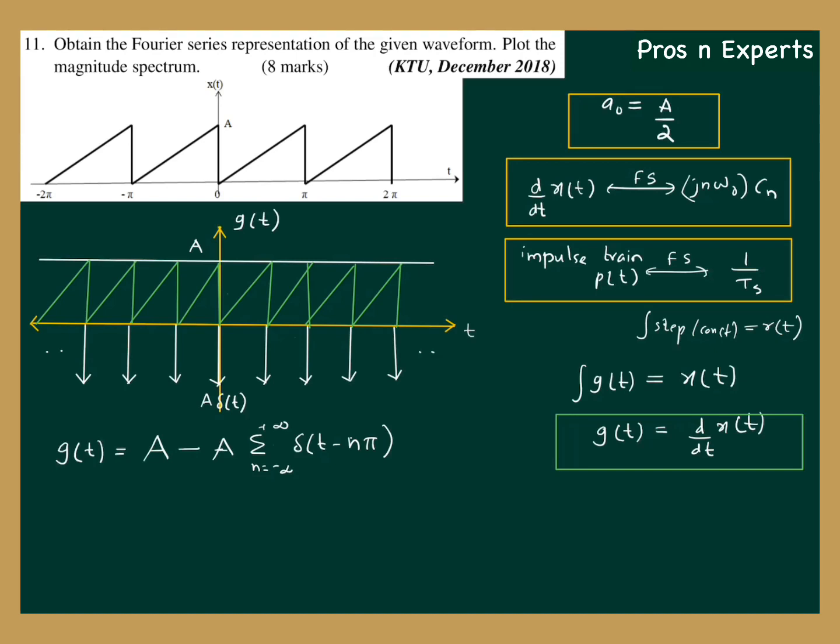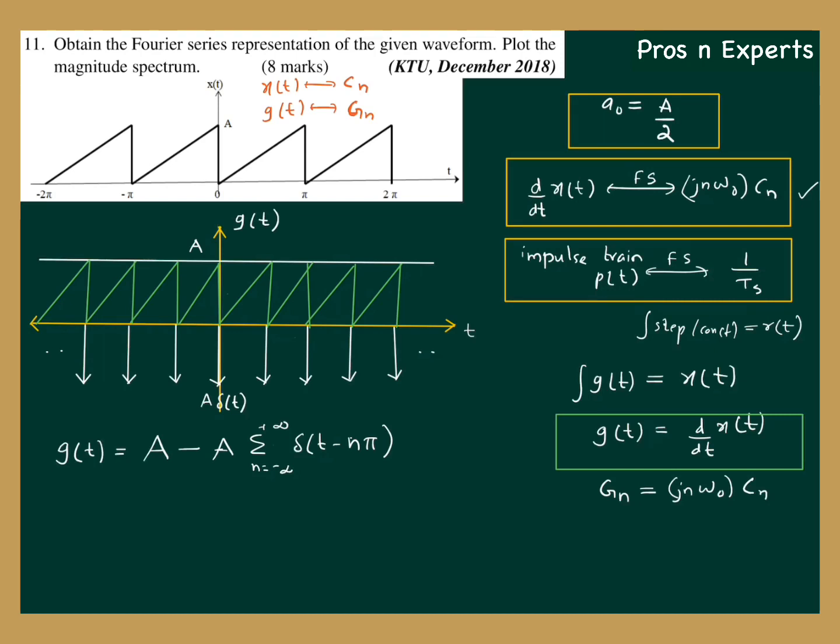Now the answer is almost over. We assign x of t the Fourier series coefficient Cn, and g of t the Fourier series coefficient Gn. Now from this expression, using the differentiation property, Gn will be equal to j n omega 0 into Cn.